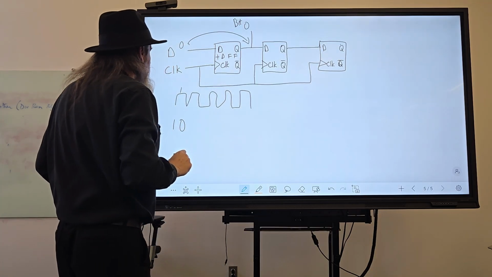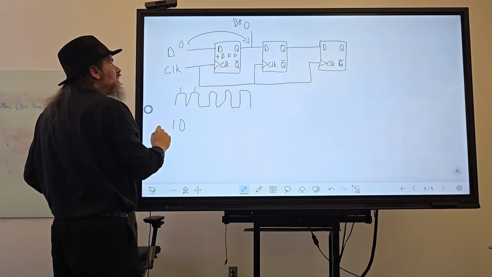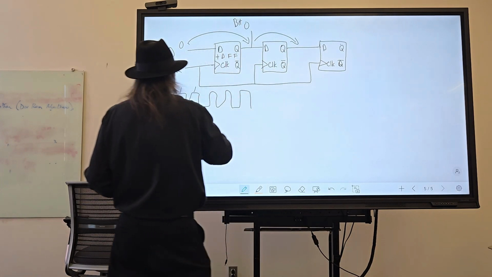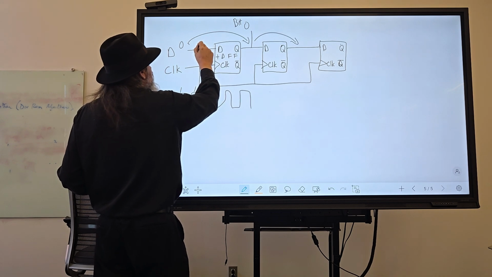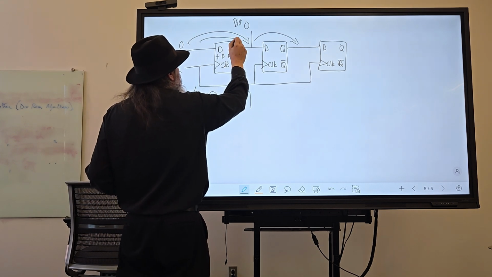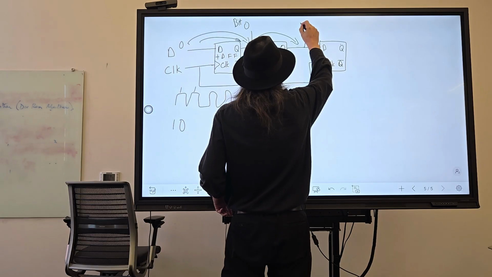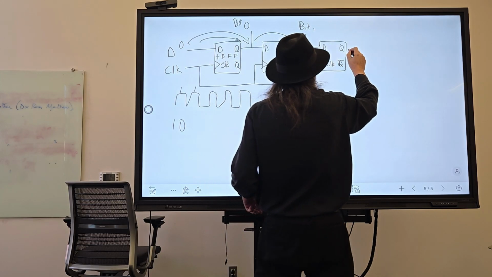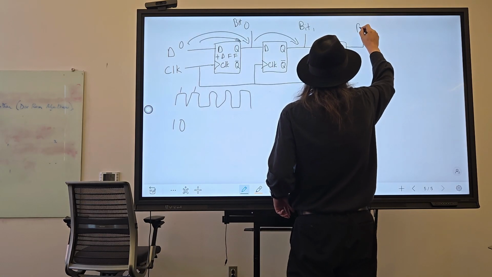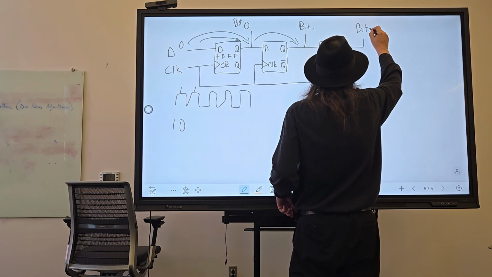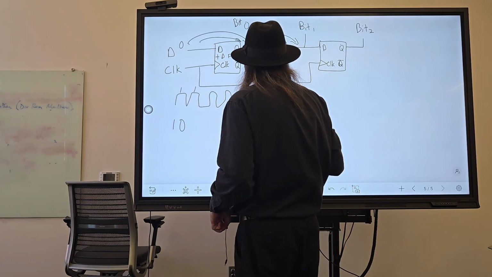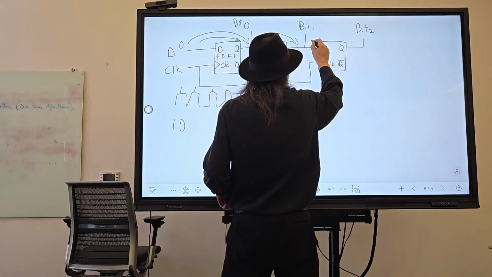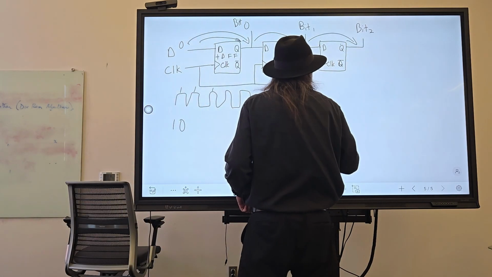Your next clock cycle, 0 would be transferred to here, and 1 would be transferred to there. And here you would have bit 1, and here you would have bit 2. And the next clock cycle, everything would shift again one position.